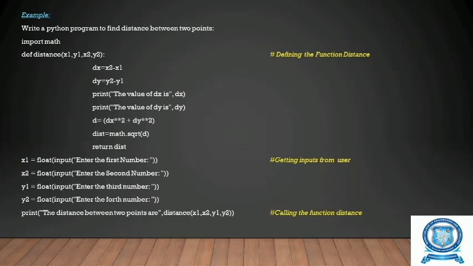These x1, x2, y1, y2 are the parameters given in the distance function call. This distance call in the last line is the function call. These parameters are passed to the function definition at the top, and the values are substituted inside the formula so that we get the answer, which is returned in return dist.